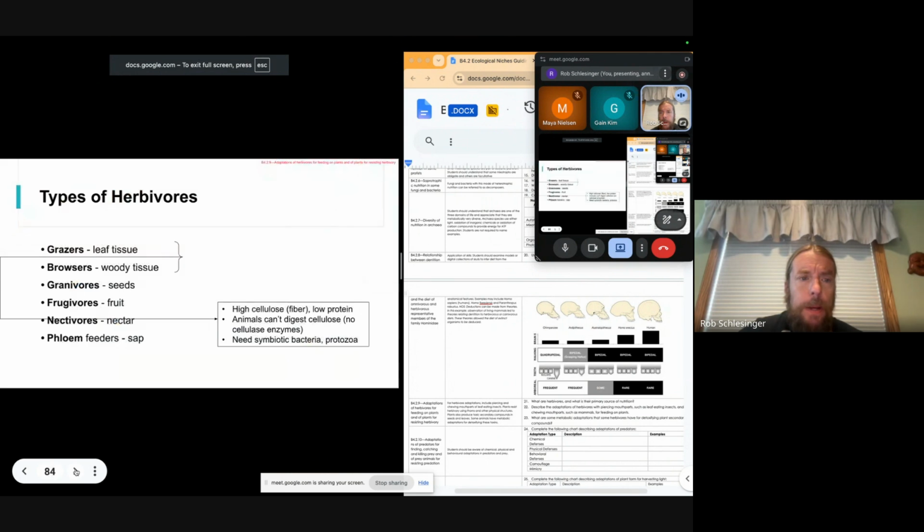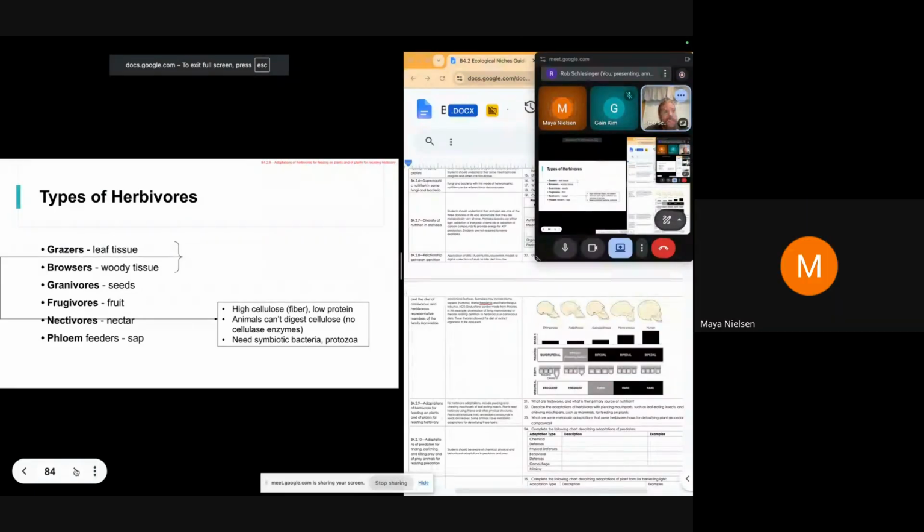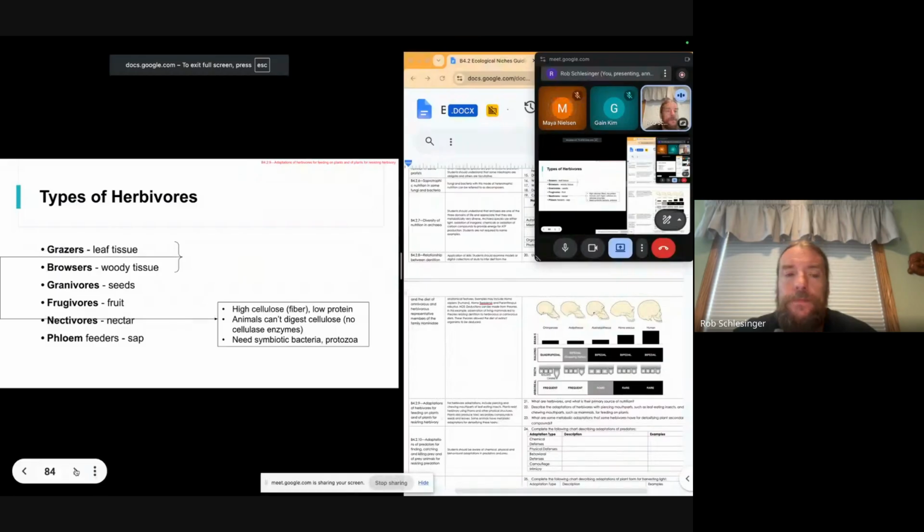There's some terminology that we associate with different types of feeding strategies in holozoic organisms. So, herbivores only eat what? Plants. Yeah, herbivores only eat plants.